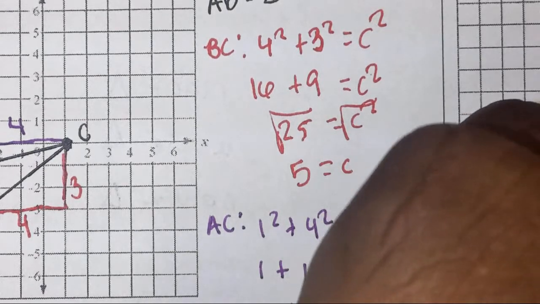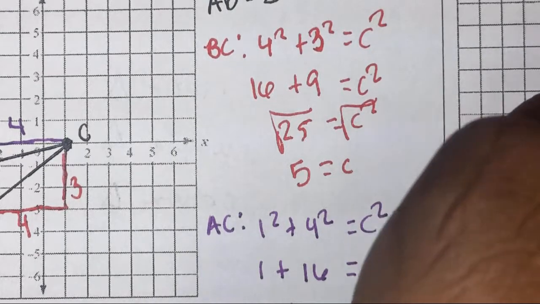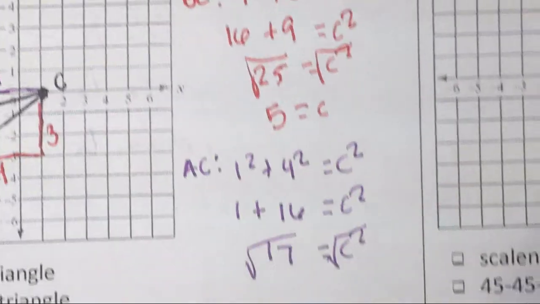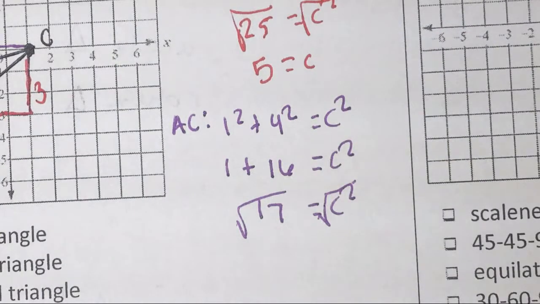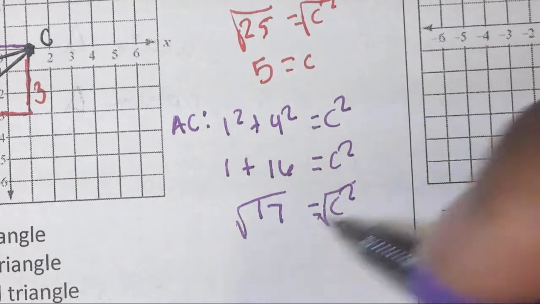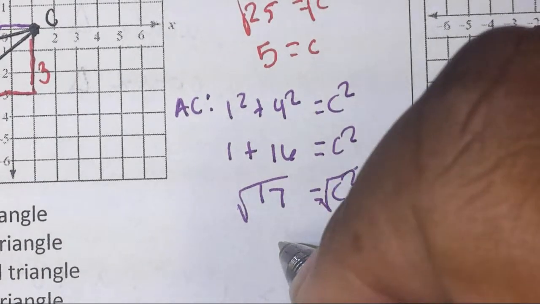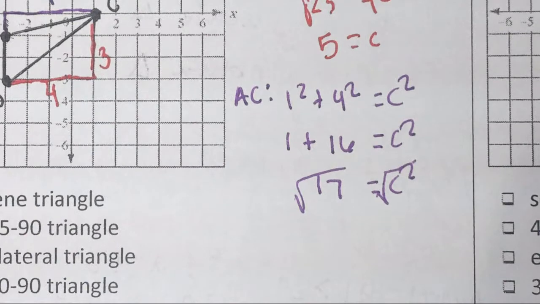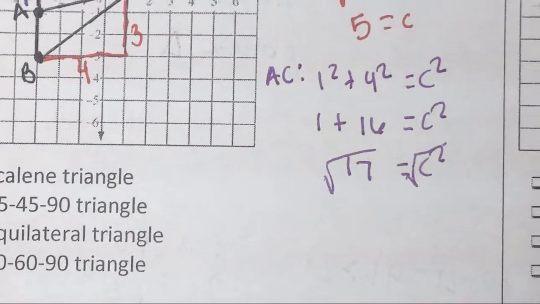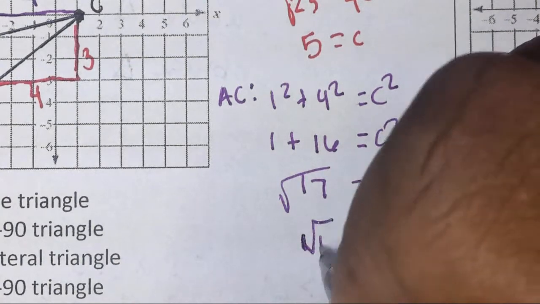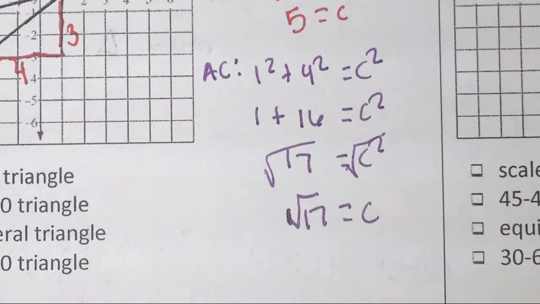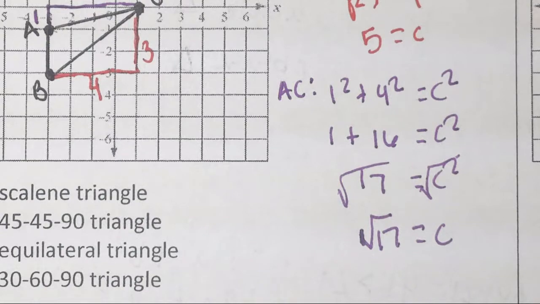C squared, 17. C squared, square root. On this one, I'm going to just leave it as radical 17. You know I can't break that down, and I don't want the decimal right now. Since I'm comparing 45, 45, 90, and 30, 60, 90, I'm going to leave this as a radical. So I'm going to say radical 17 equals C. So AC would be radical 17.